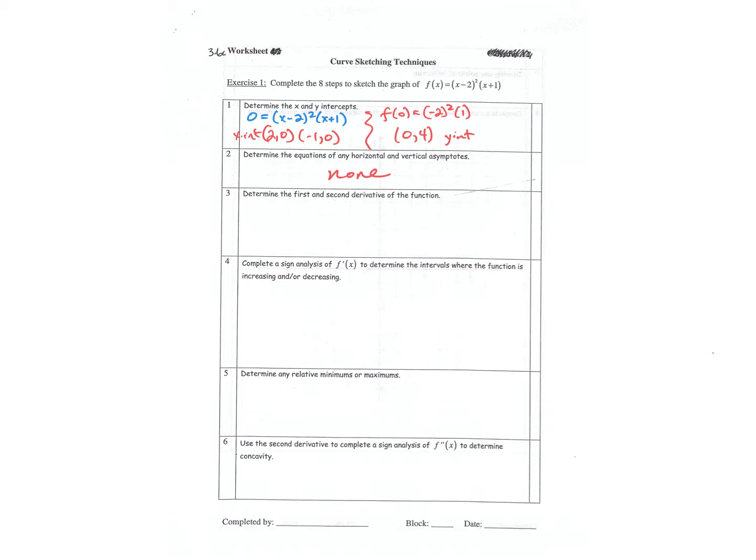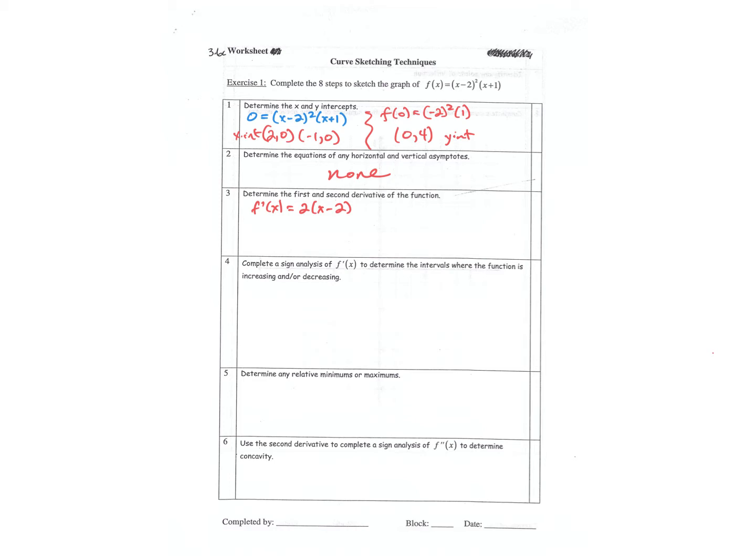Determine the first and second derivative of the function. So to find the first, we're going to take a derivative. What are we going to use? We're going to use the chain rule as well as the what rule? The product rule. So what's the derivative of my first? What comes out front? 2. And then times x minus 2, and then times 1, but that doesn't matter.